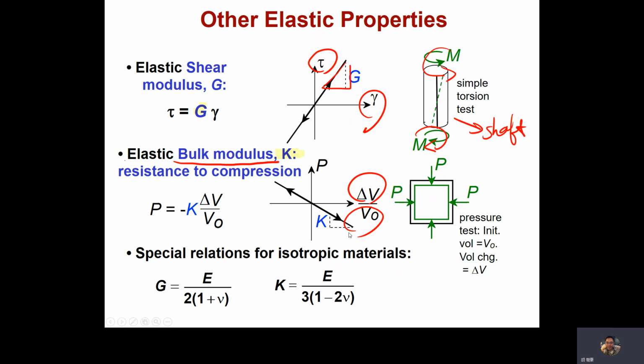And we can figure out the slope within this linear relation, and that can be defined as the bulk modulus K, which is the resistance to compression.